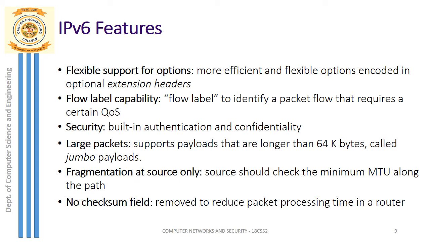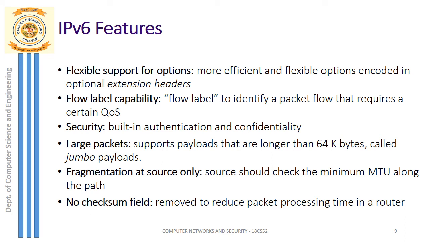IPv6 also provides built-in security, which provides authentication and confidentiality of datagrams, and it supports jumbo payloads to transfer large packets. Whenever the payload length is above 64 kilobytes, those payloads are called jumbo payloads. These can be supported by using extension headers.